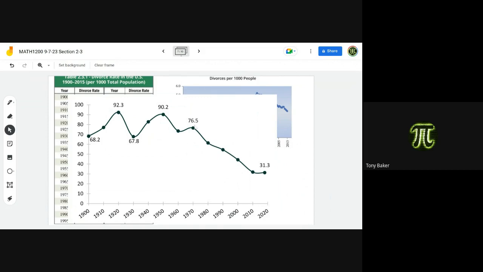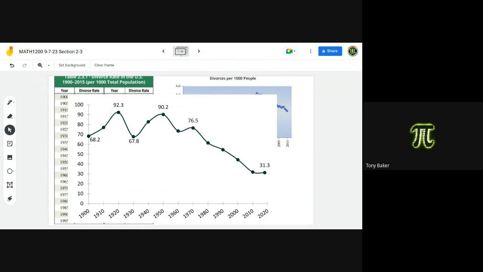But after the 1970s, it has basically continued to drop. So now only 30 out of every 100 people, like 30% of people, are actually married, and it's continuing to drop off. And that's a lot of the reason. It's more socially acceptable to be a non-traditional family today than it was in the past.